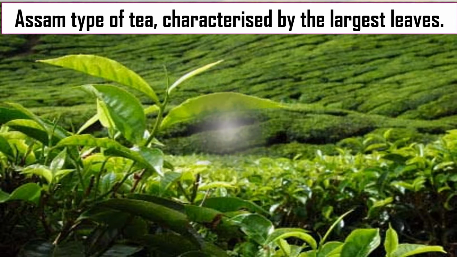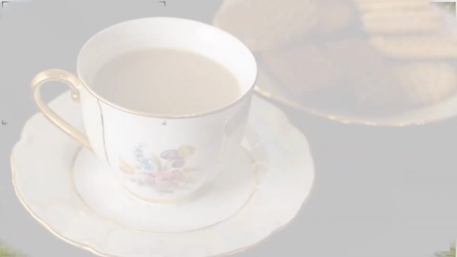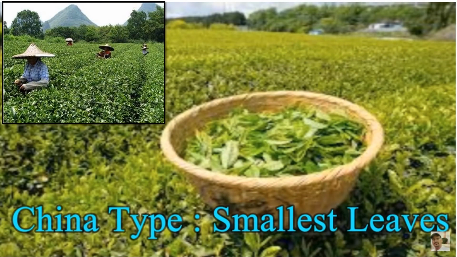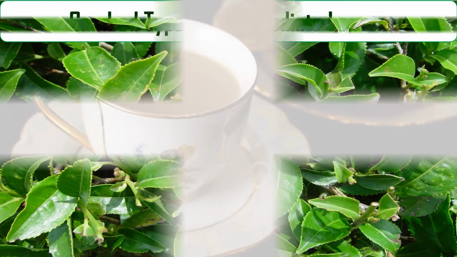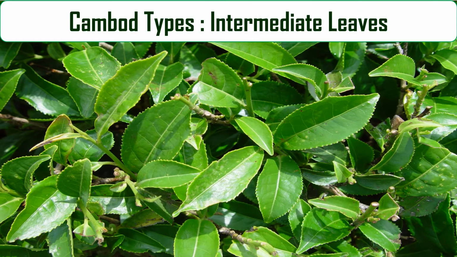Second type, China type. It has the smallest leaf, you can see here in the picture. And the third one, Cambod type, they have intermediate leaves. So we have classified tea in 3 types: largest, smallest and intermediate.